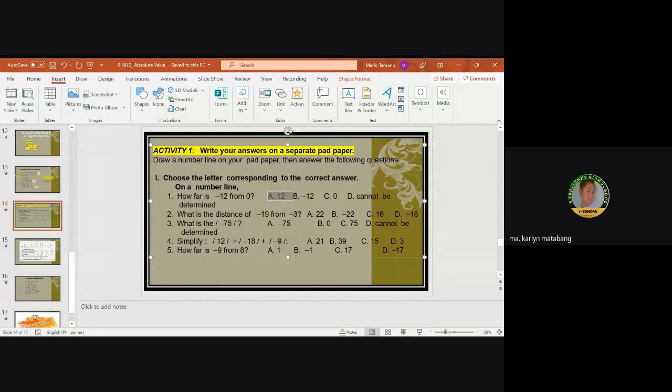D po. Gumawa po kayo ng number line ninyo. Mabilisan. Negative 19 tapos doon sa negative 3. What is the distance of negative 19 from negative 3?